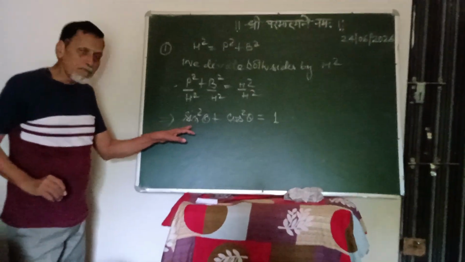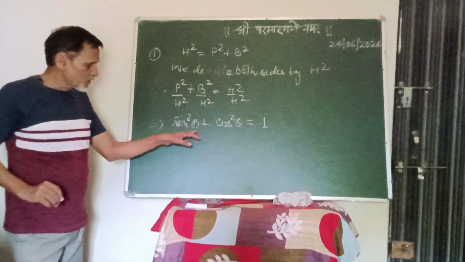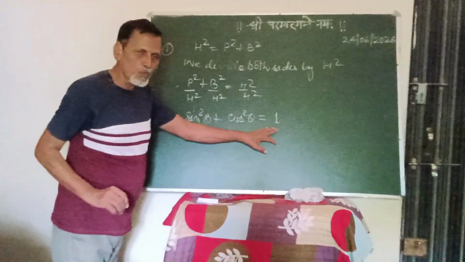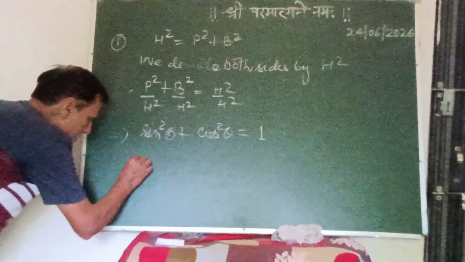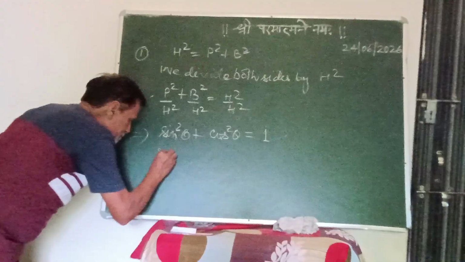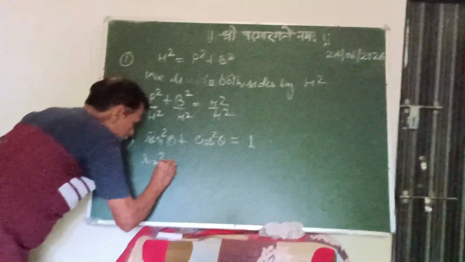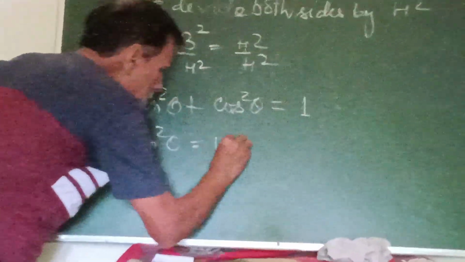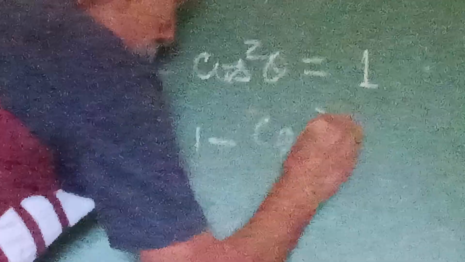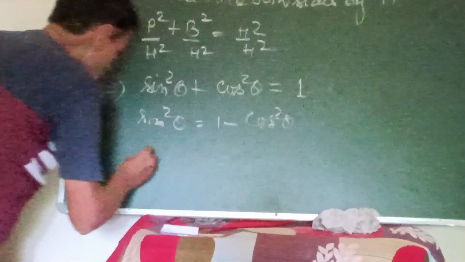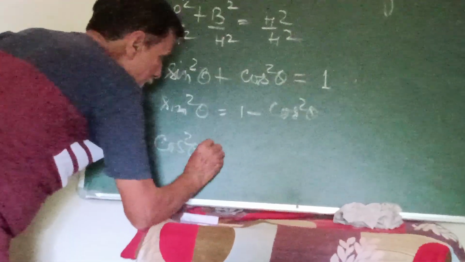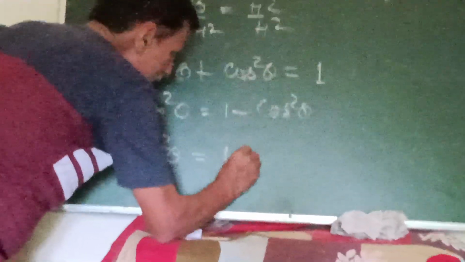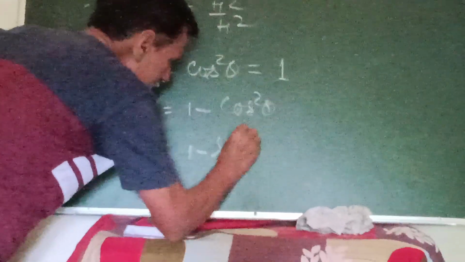From this, sine square theta plus cos square theta equals 1, we can also find sine square theta is equal to 1 minus cos square theta, or cos square theta is equal to 1 minus sine square theta.